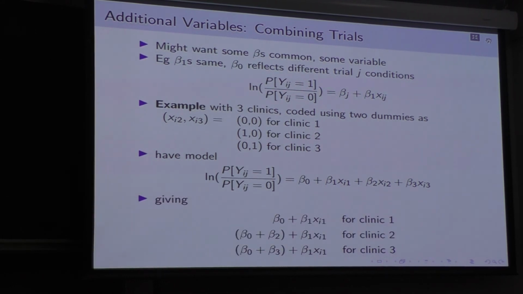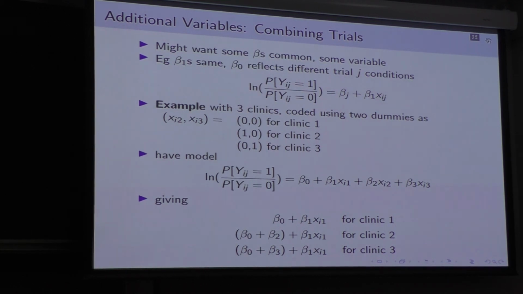And that will be fitting, in effect, this model for clinic 1, just the very simple thing. But in clinic 2, you've shifted your mean level by a certain amount, but the beta 1 is kept the same. In clinic 3, again, the beta 1 is the same, so the same dependence on treatment, but different intercepts for the logit, depending on which clinic you're in.